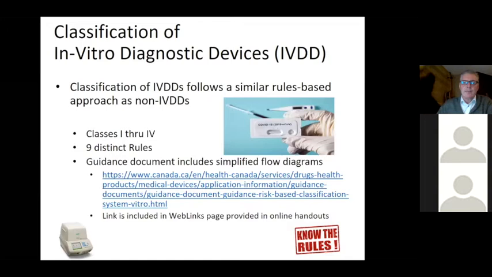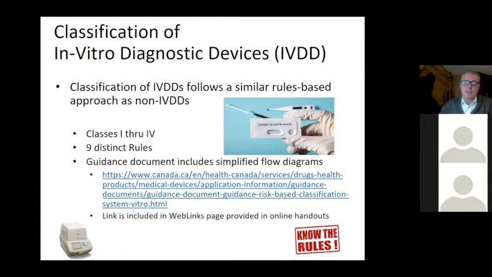Now, we're living in a bit of a different era right now, and there's a lot of interest in in vitro diagnostic devices. This is really all I'm going to talk about on this slide, pointing out that the classification of IVDDs follows a very similar rules-based approach as the non-IVDDs.